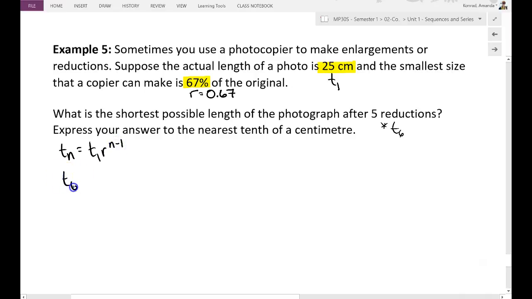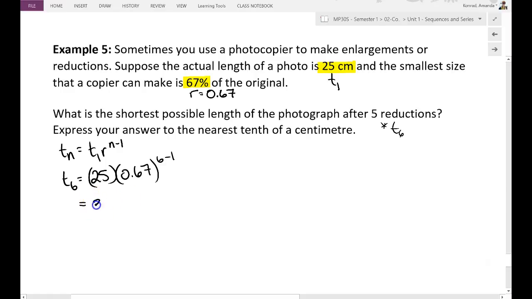So we're going to have term 6 equals 25 multiplied by 0.67 to the power of 6 minus 1, or to the power of 5. From here, we plug into our calculator, 25 times 0.67 to the power of 5.